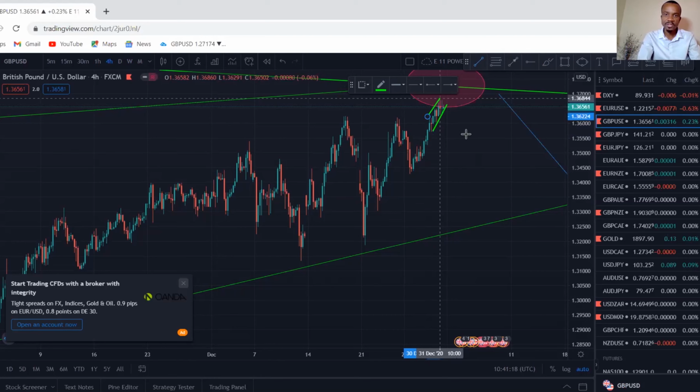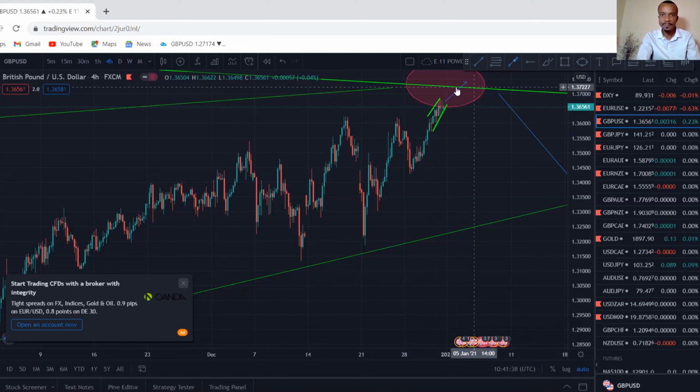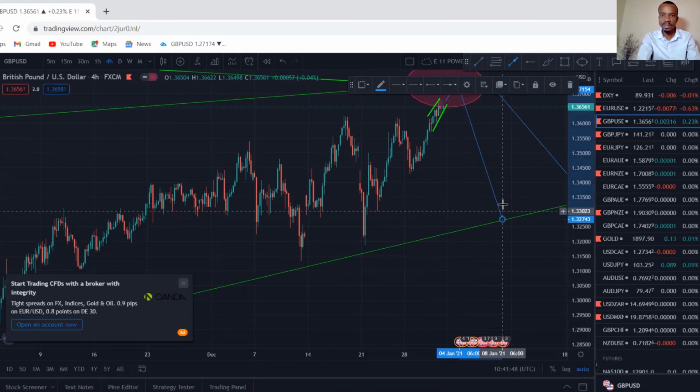Around this area we may see that price is busy consolidating, and price might go to this area there, and then price might go to this level here, and then from that level, price might shoot to this level there.